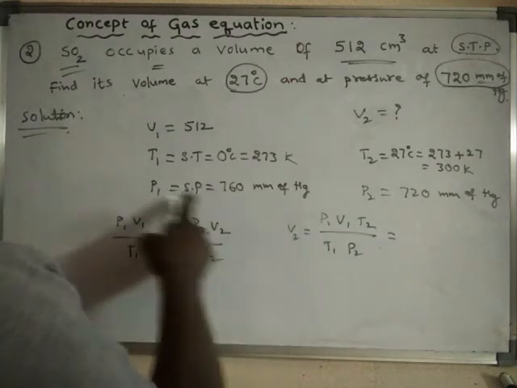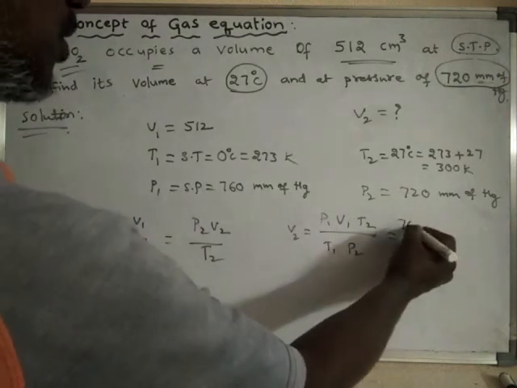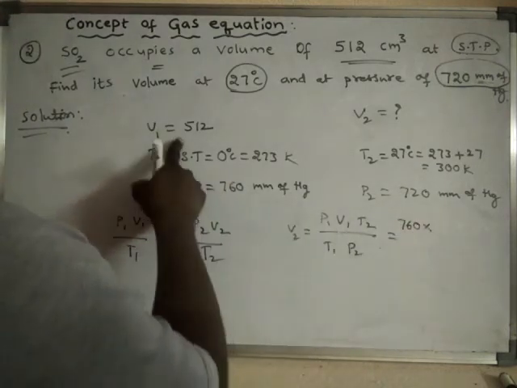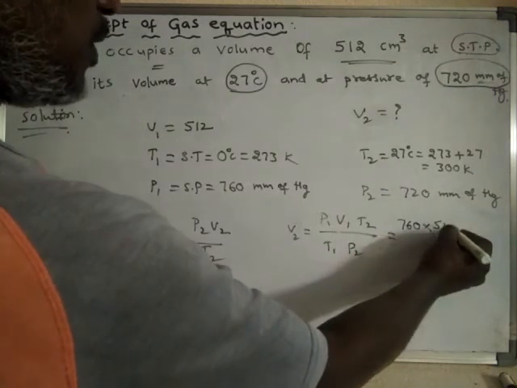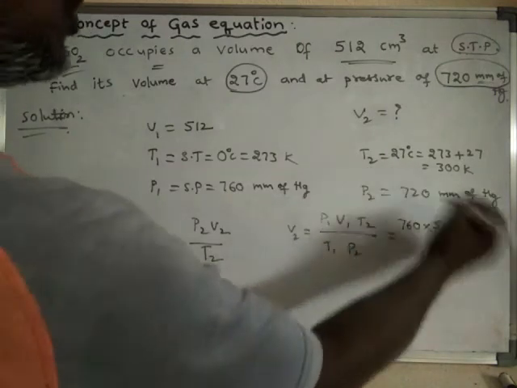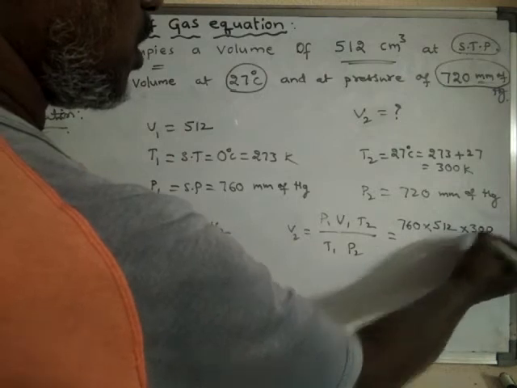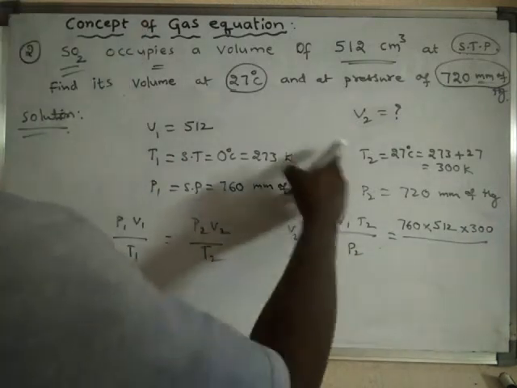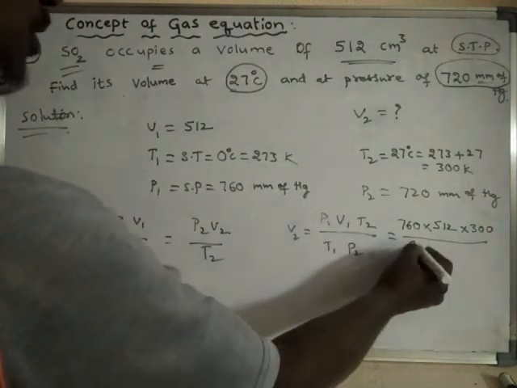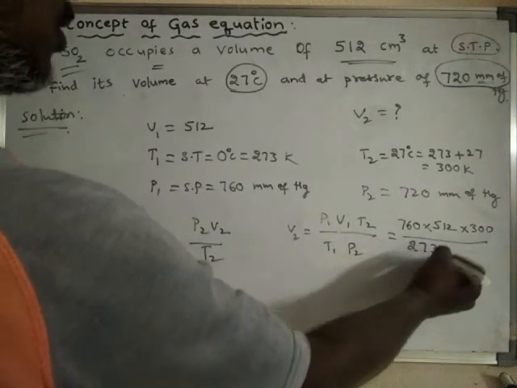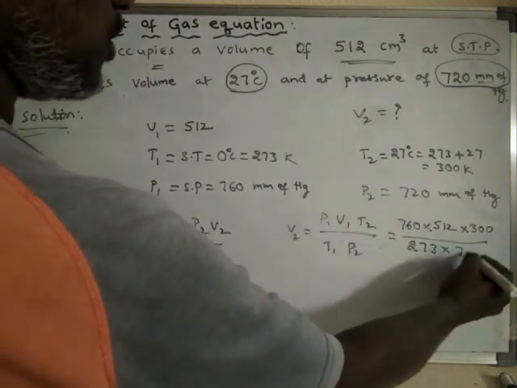So what is P1? P1 means 760 into V1. What is V1? 512. Into what is T2? T2 is 300, divided by T1. What is T1? 273, into P2. What is P2? 720.